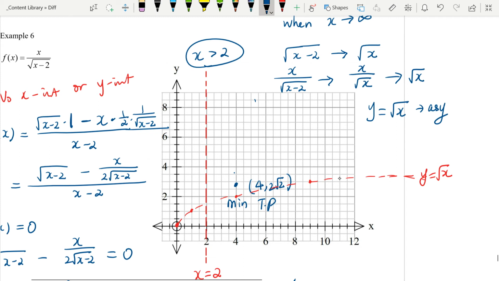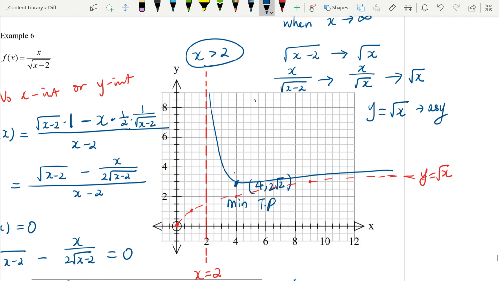So now I can sketch the graph because it's bound on two sides. Something like that, just approaching that.